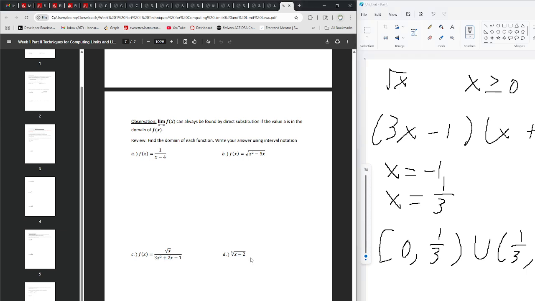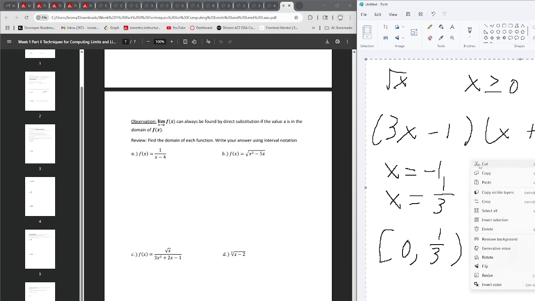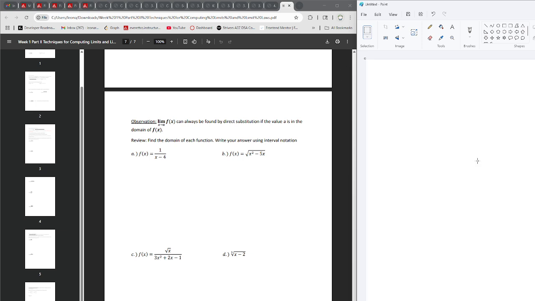This is a trick one because it's an odd degree root. I forgot what it's called. The cube root. It's odd, so we can actually have negative stuff in there if I'm remembering correctly. So we could just say this is all real numbers.